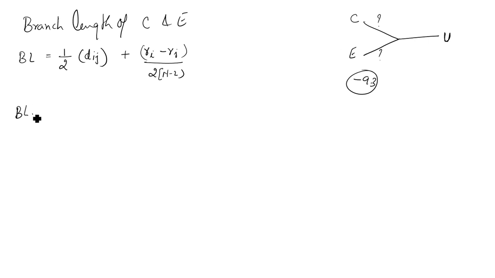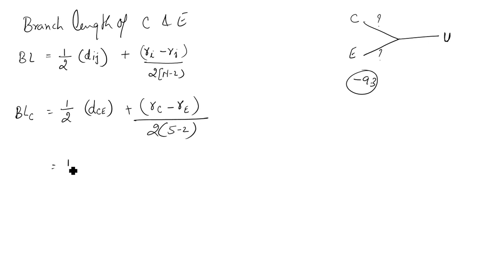So now we are calculating the branch length for C. Branch length of C is 1 by 2 of dij, where ij is CE, plus RC minus RE, divided by n minus 2. What is n? n is 5, so 5 minus 2.